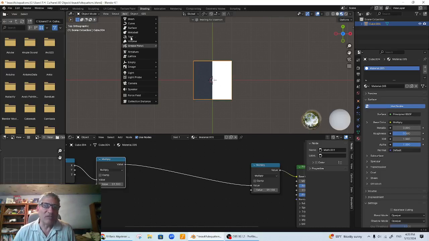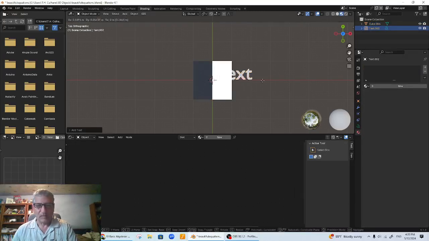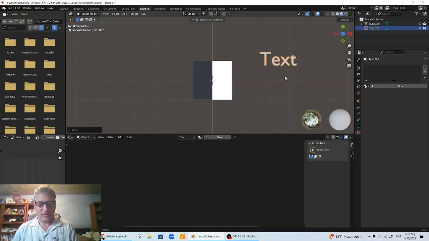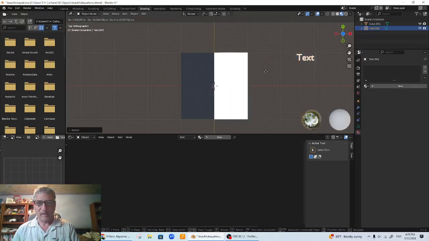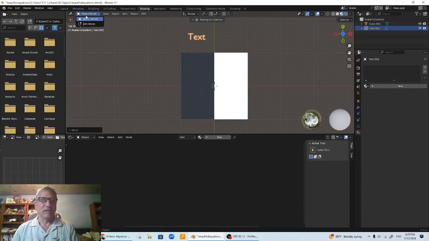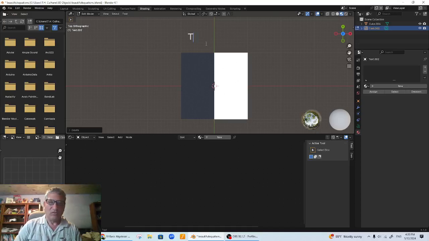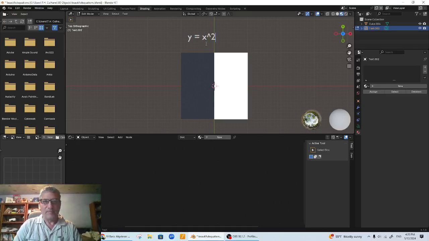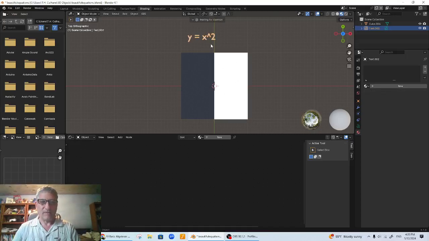I can add a text, maybe faster, and I don't have to try to draw with the grease pencil. Let me shrink this way down and put it here. So the equation that I'm going to do is y equals x squared.